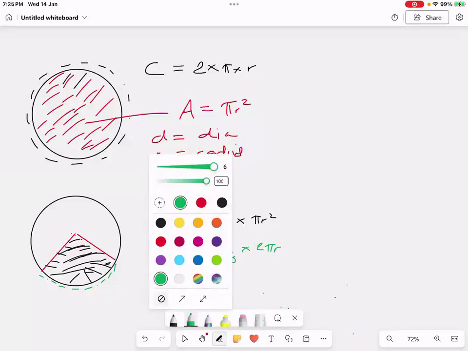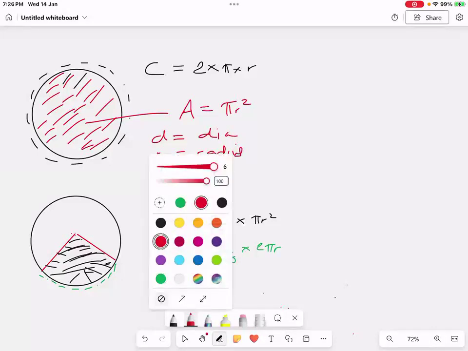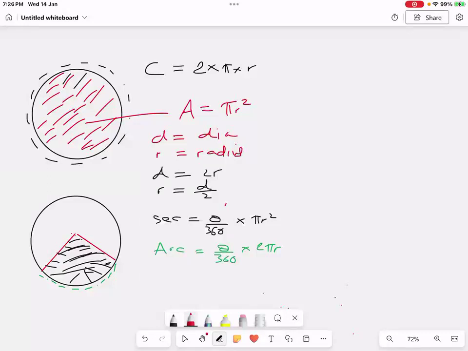Now, we also mentioned the importance of understanding this symbol that is called theta. Theta is a symbol that we use to represent an unknown angle. So where do we find theta? Theta is going to be given to you. So inside here, you would refer to this as the minor theta or the minor angle.